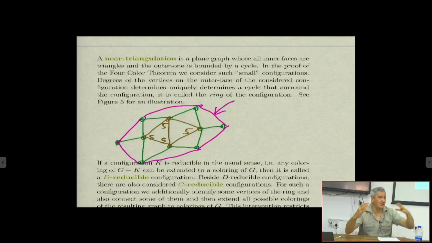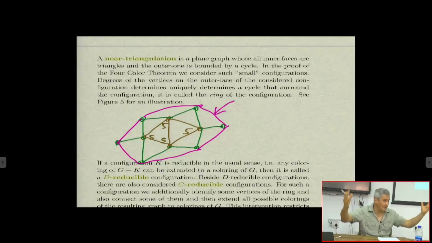So the configurations are actually bigger. So this is the Birkhoff diamond. But the real configuration, because this is of degree 5, you extend it to a ring and it looks like this. Now you cover this and everything outside at once.